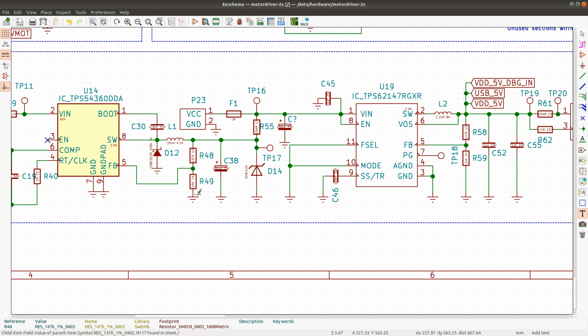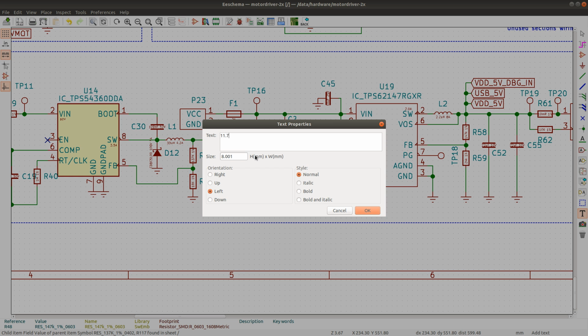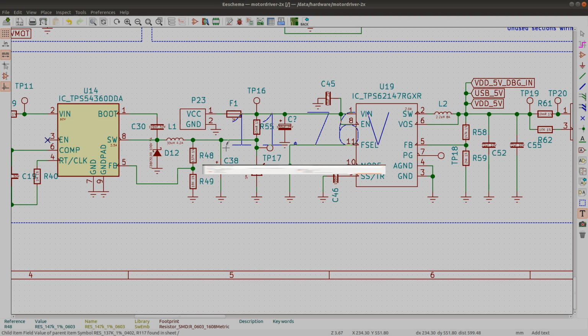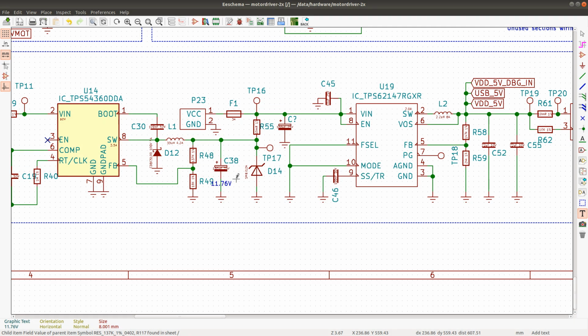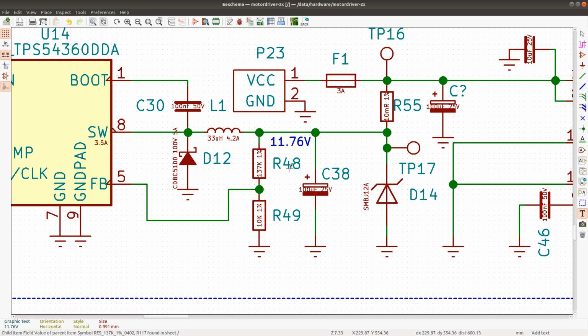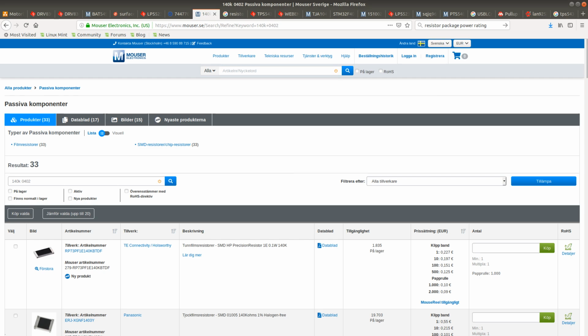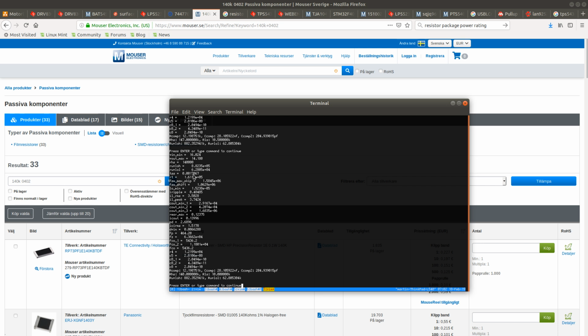I'll just make a note here. So, the undervoltage lockout, I'm not going to be using them for now.